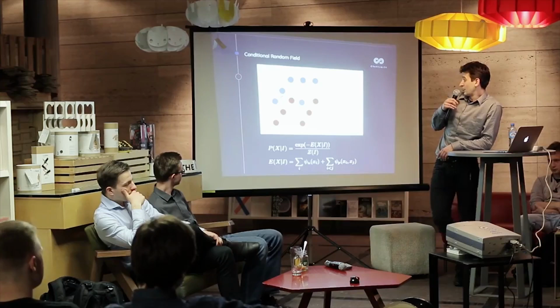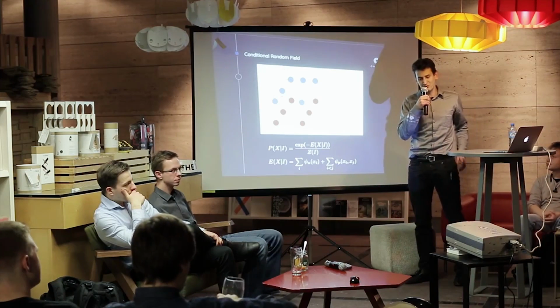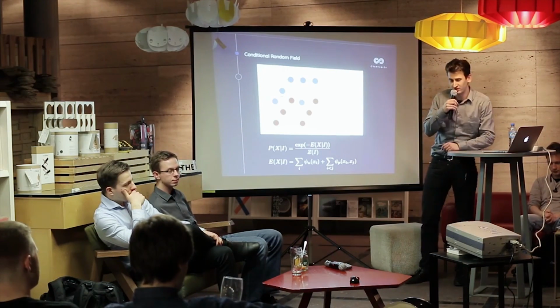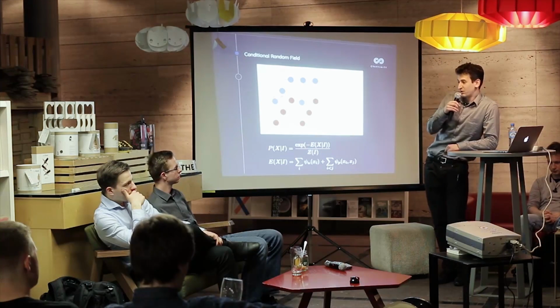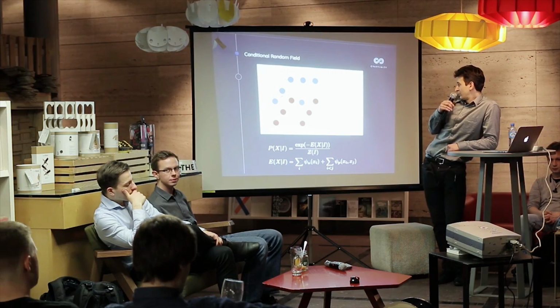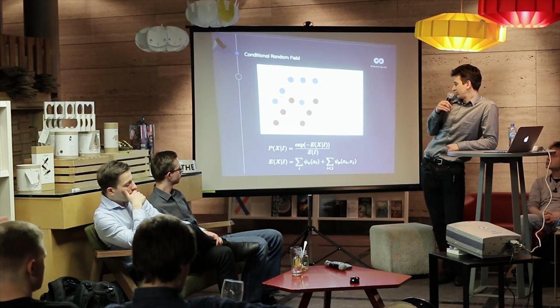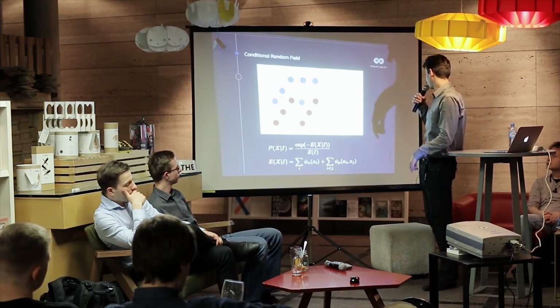So in order to find the most probable assignment of x, we need to rely on approximation algorithms. And in 2011, researchers from Germany published a very nice paper based on variational inference, which solves the problem of finding this most probable assignment of x's.